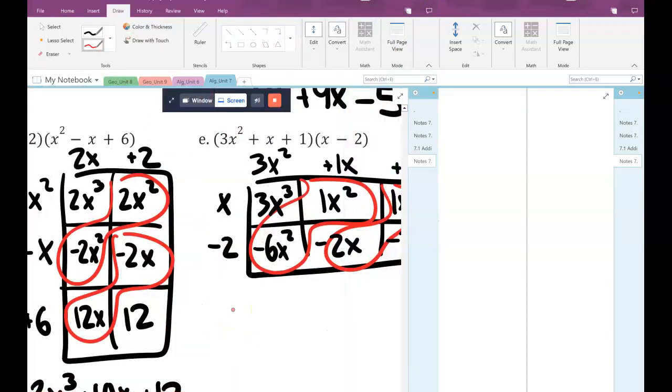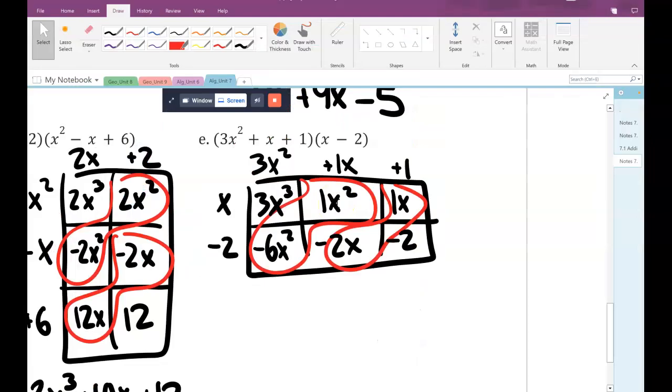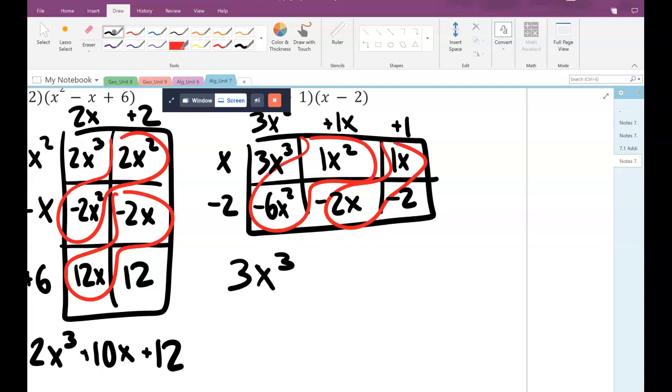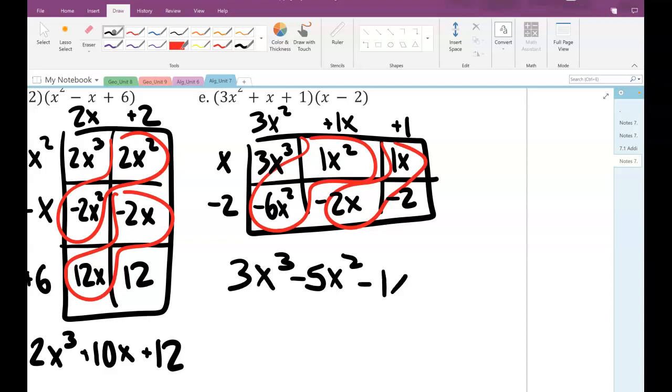We have our leading term in the front, our caboose in the back. So my final answer, 3x to the third minus 5x squared minus 1x minus 2. This is a 4-term polynomial. We call it a quartic. It's degree 3 with a leading coefficient of 3.